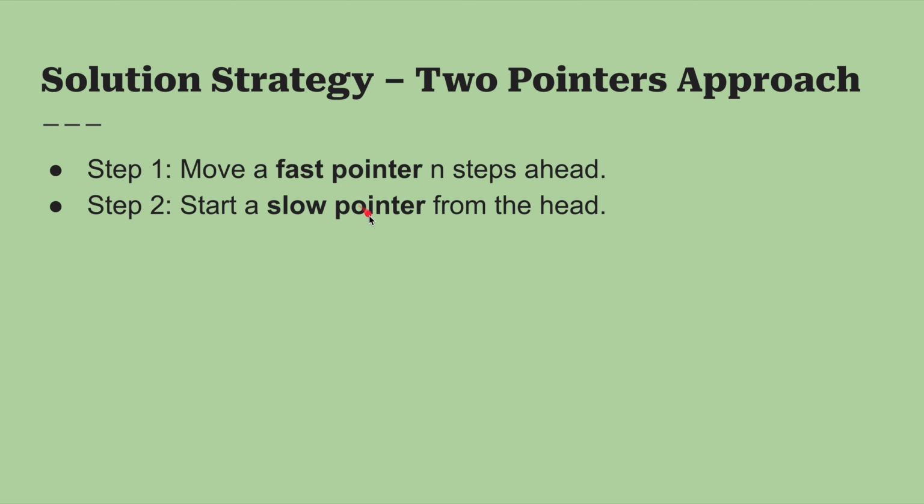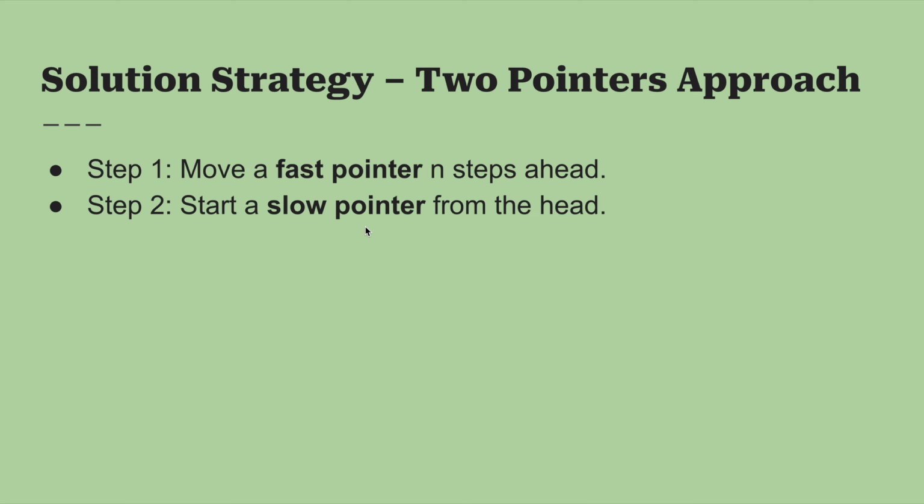So both will start from the head itself, but the fast pointer moves n steps and the slow pointer moves one step only. When the fast reaches the end, slow will be just before the node to delete.